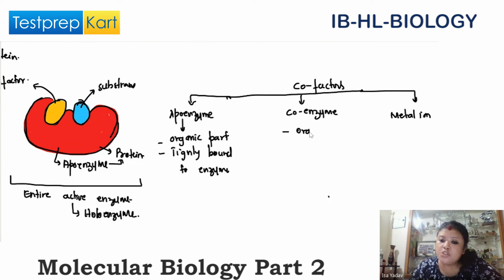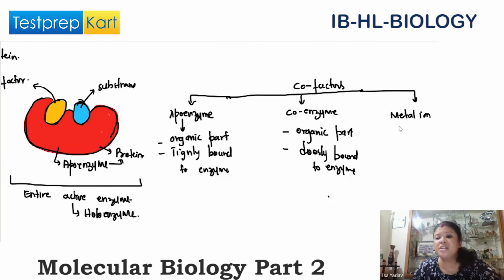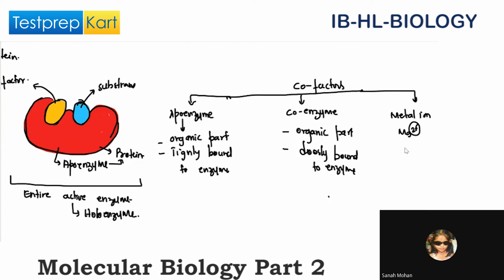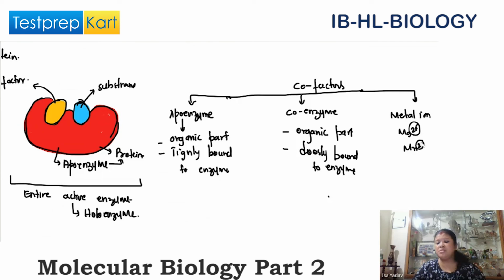Coenzyme is also an organic part, but it is loosely bound to the enzyme. And metal ions can be any metal ions, like for example Mg2 plus magnesium, clear? Mn2 plus manganese, potassium, anything it can be. So these are the components of enzymes.